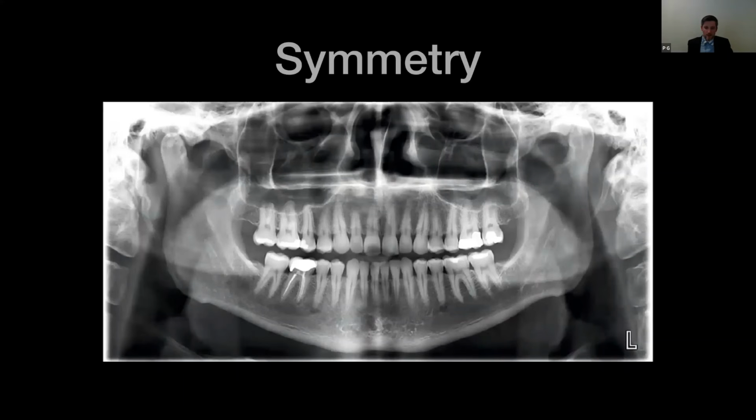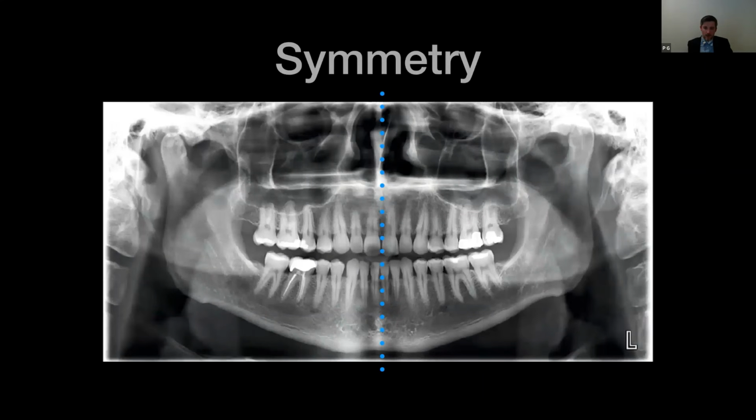And we kind of assess for symmetry maybe without even realizing that we're doing it sometimes. We know what a periapical lesion looks like in a pan, but what about the rest of the anatomy outside the teeth? So if we were to draw an imaginary line down the middle of this pan, that would help us compare the sides of all the remaining structures outside the regions of the teeth. And we can easily pick up on differences.